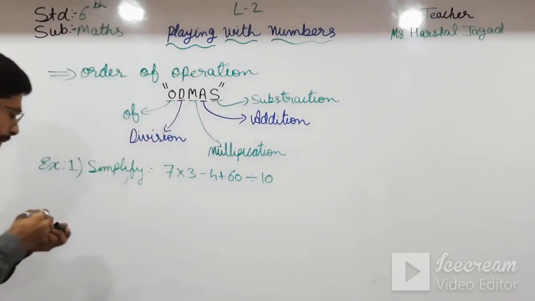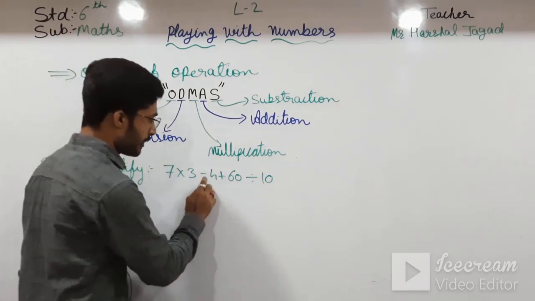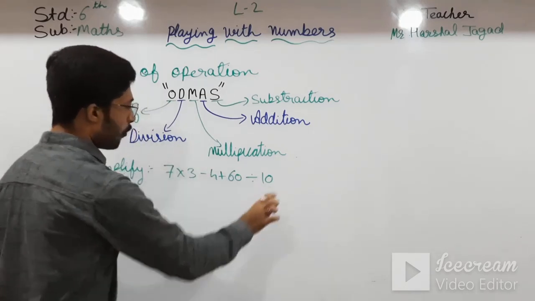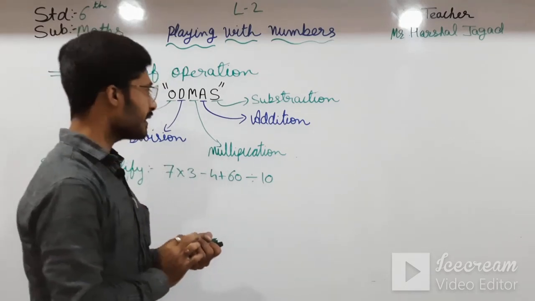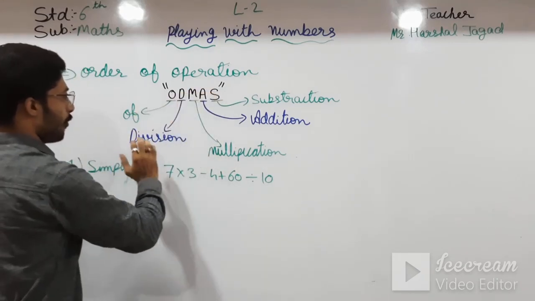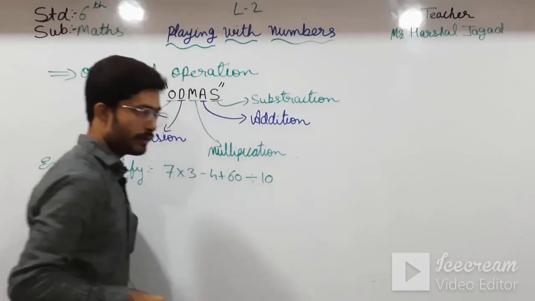So in this type of sums in which all the operations are given, multiplication, subtraction, addition and division, first of all, what do we have to do? See here we have written ODMAS. So first of all, what do we have to do? Division. Is there any sign of division?